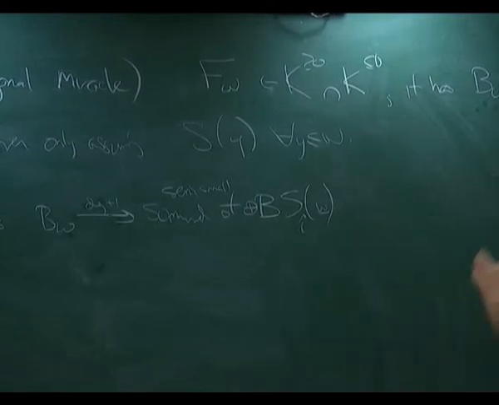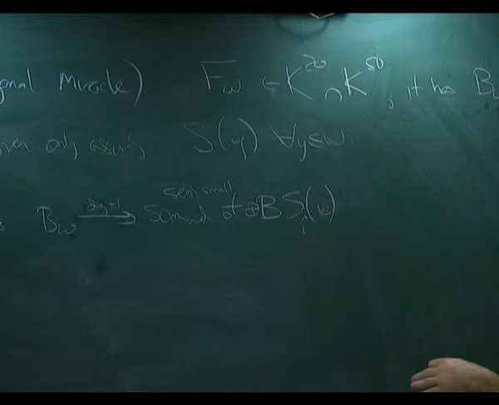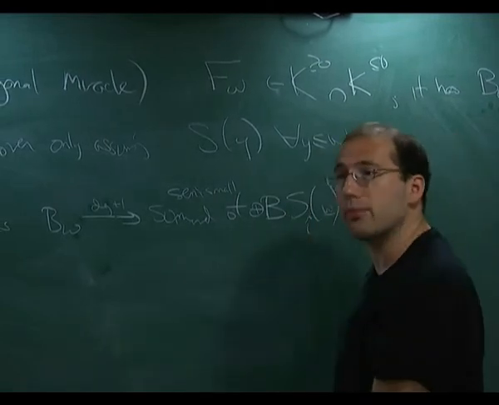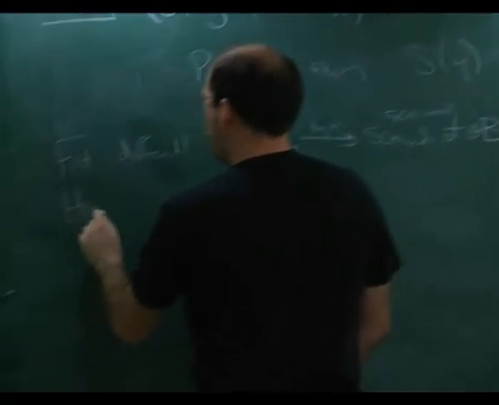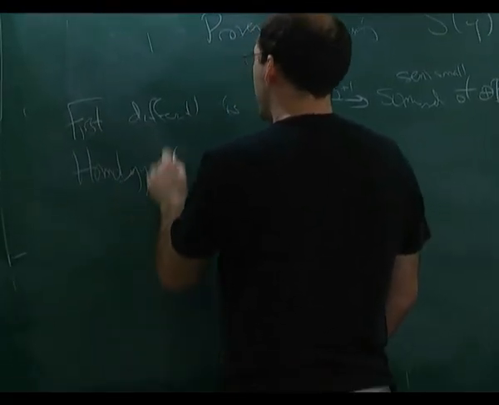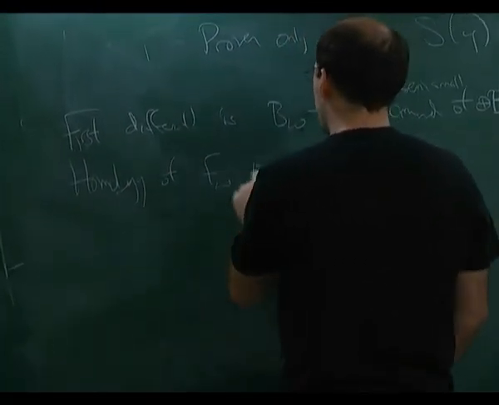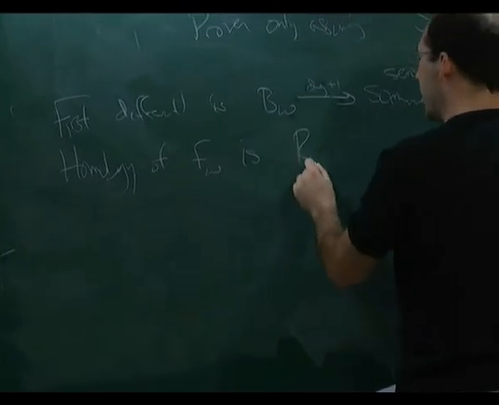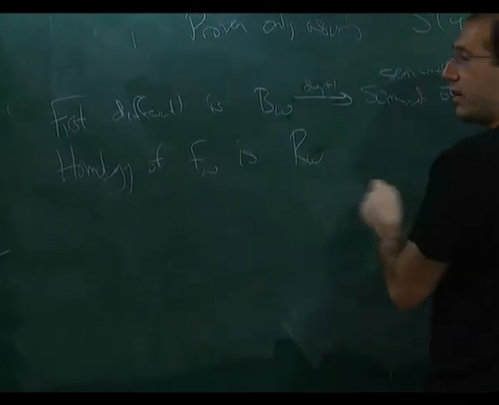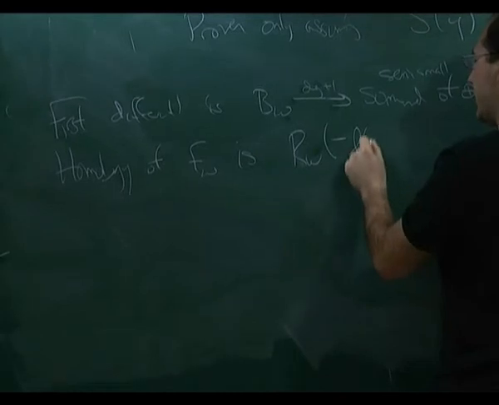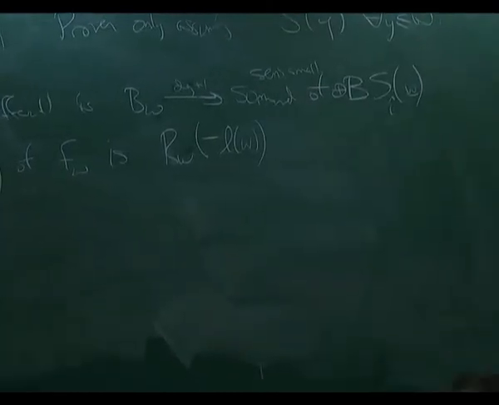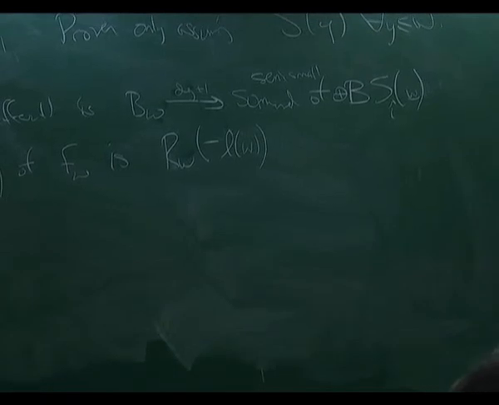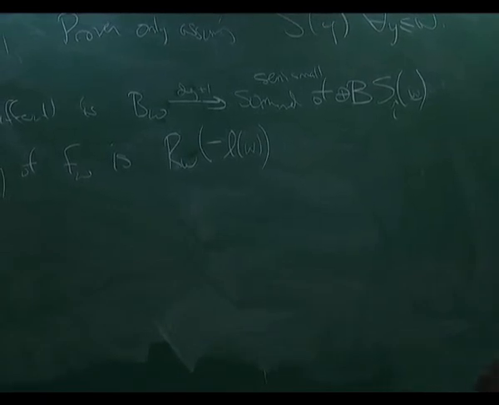Moreover, what do we know about this? We know the homology of this complex. Homology of FW is precisely the standard guy shifted by minus the length of W. Yeah. Okay.